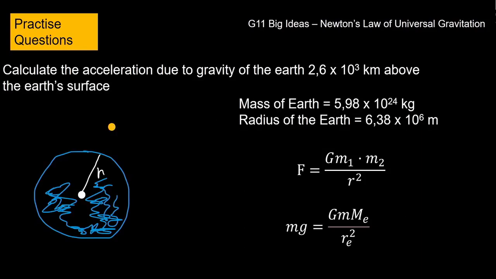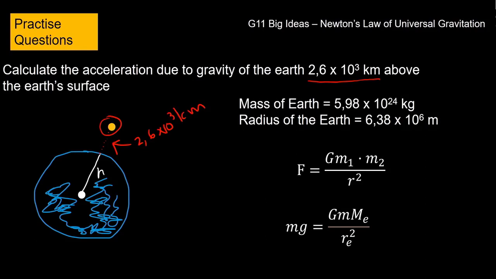Okay, so calculate the acceleration due to gravity of the Earth 2,6 times 10 to the 3 kilometers above the Earth's surface. So here's my yellow dot. We can see that it is above the Earth's surface, and that is 2,6 times 10 to the 3 kilometers.